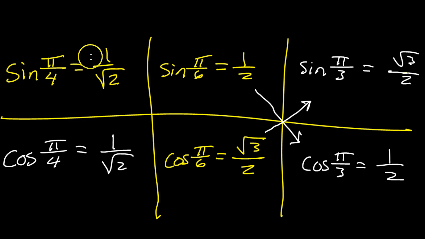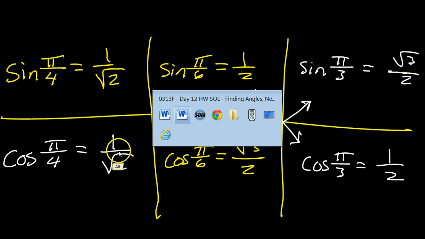The way we set it up, we have sine over cosine, sine over cosine, sine over cosine. So the question is, which one of these will give me 1 if I divide? Well, it would be this one, all right? This is the only one where it's the same thing twice. So 1 over radical 2 divided by 1 over radical 2, that would be 1.